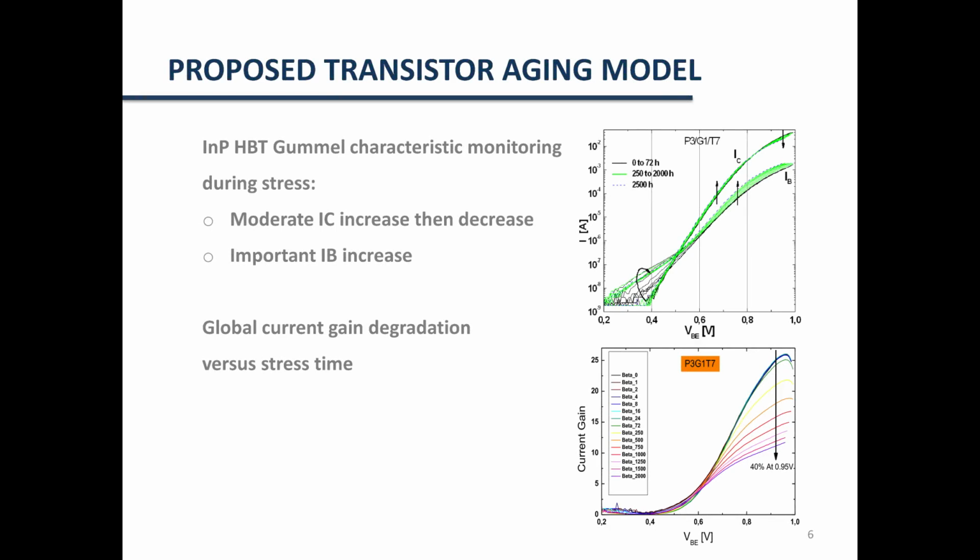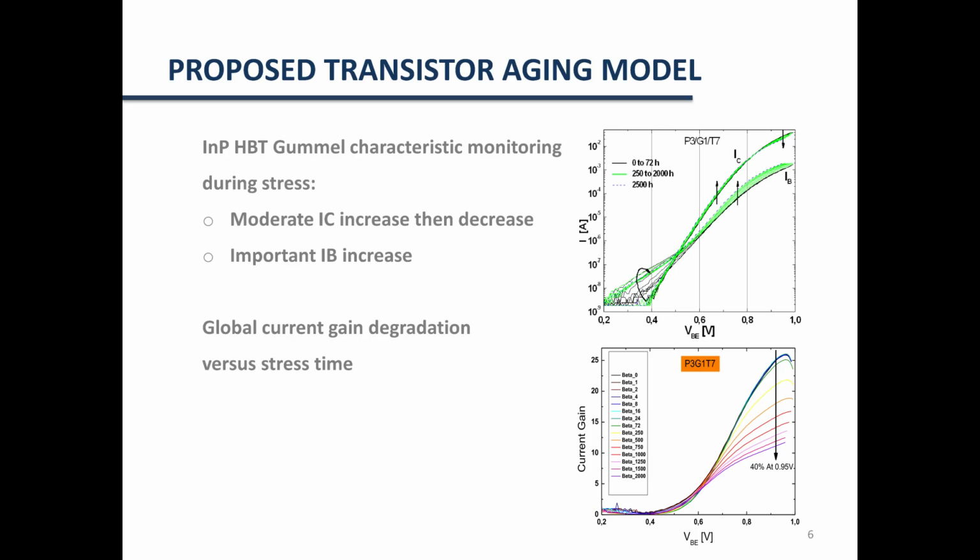Okay, so slide 6. I am going to present now our proposed transistor aging model. We start with two figures on the right, where we have the HBT Gummel characteristics monitored during a stress campaign. And we see that over time we have some changes in the currents.